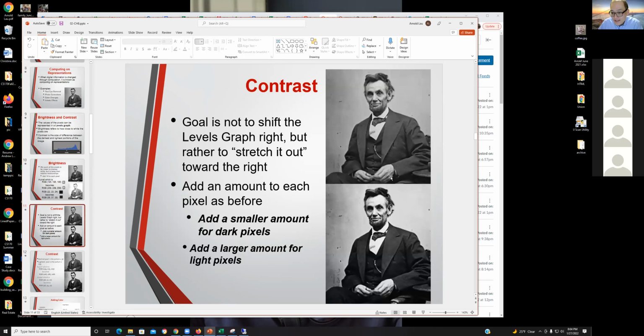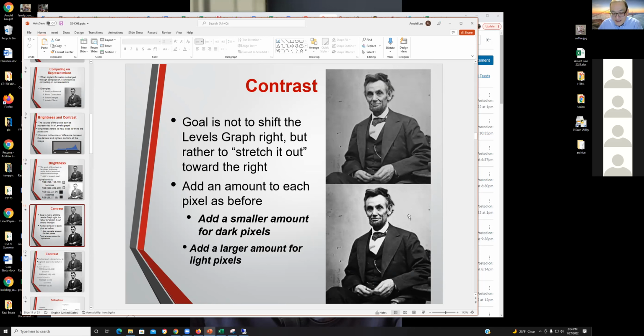Okay, so look here on the lighter pixels. It shifted them a bit more, and for the darker pixels it shifted them less, right? Maybe here's his dark suit, his black suit. You don't necessarily want it to become super bright, because then it looks like his suit is washed out or something.